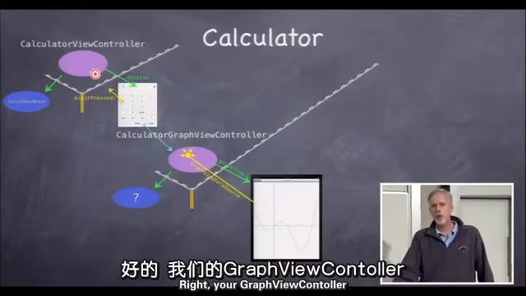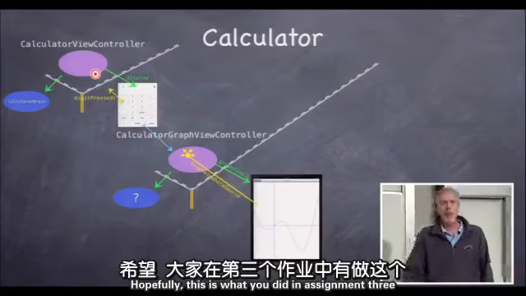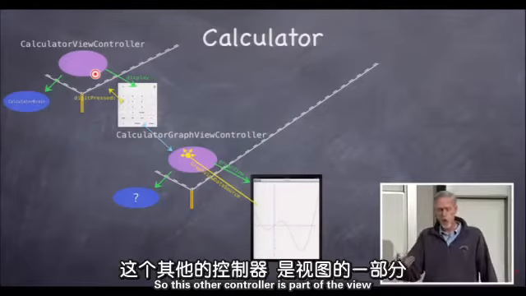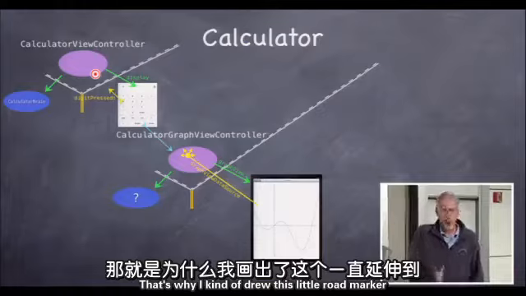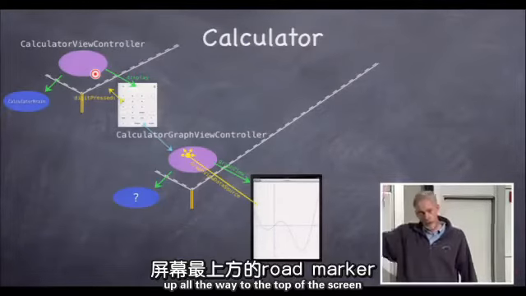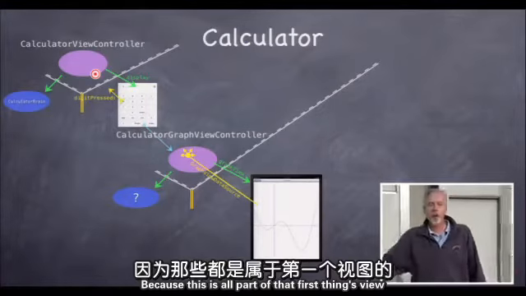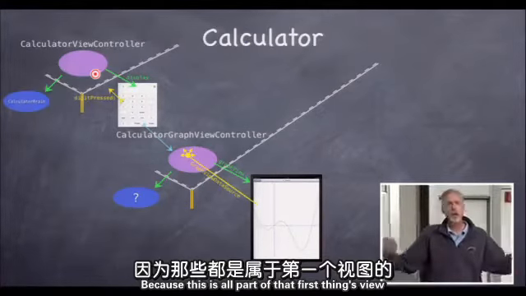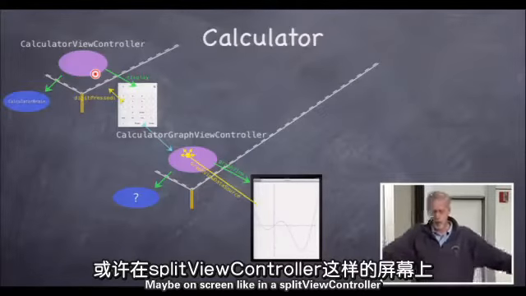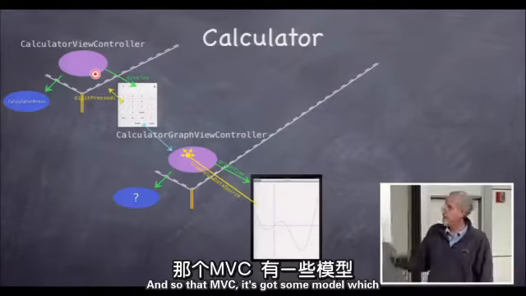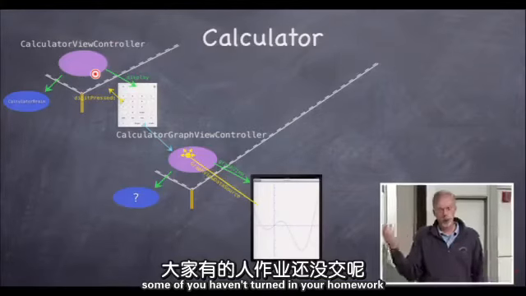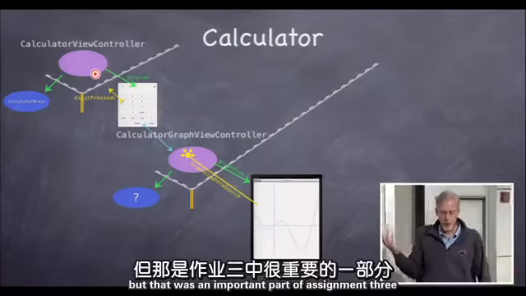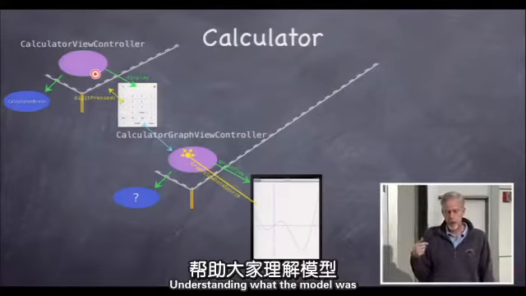Your graph view controller. Hopefully, this is what you did in assignment 3. So this other controller is part of the view. That's why I drew the little road marker all the way up to the top of the screen, because this is all part of that first thing's view. Maybe on screen, like in a split view controller, but it's still part of its view. And that MVC has some model, which some of you haven't turned in your homework, so I'm not putting it up here, but that was an important part of assignment 3, understanding what that model was.